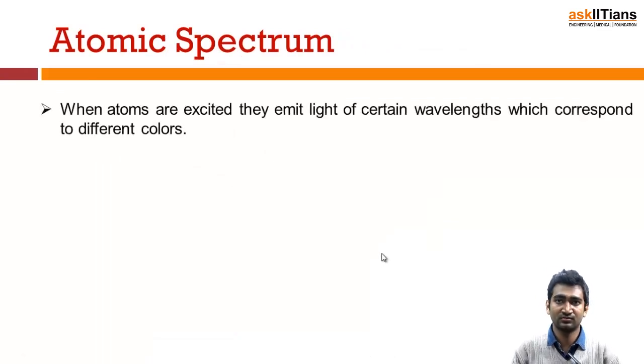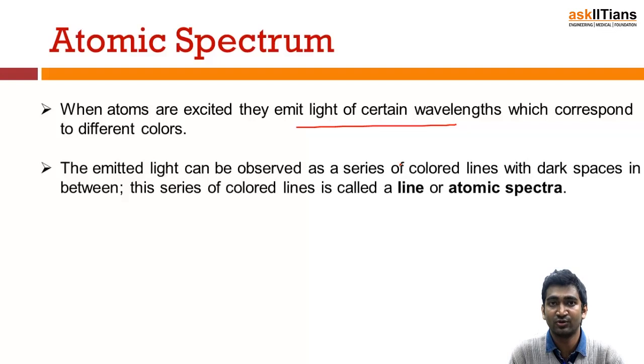So how do atoms have this pattern of spectrum? The reason is that whenever they are excited, they emit light. This corresponding light gives us the electromagnetic spectrum, which is very unique to every atom. With this series of light, we get either colored lines or dark lines.